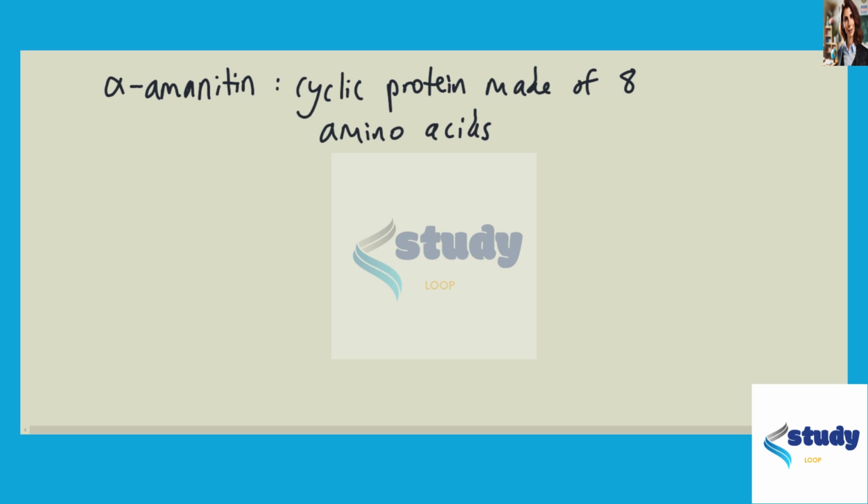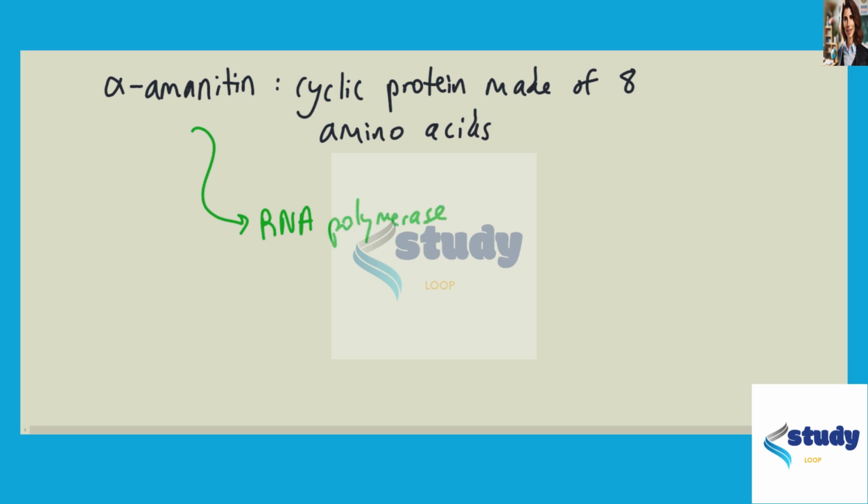So what will it do? It turns out that alpha-amanitin has an effect on polymerase, and specifically on RNA polymerase.